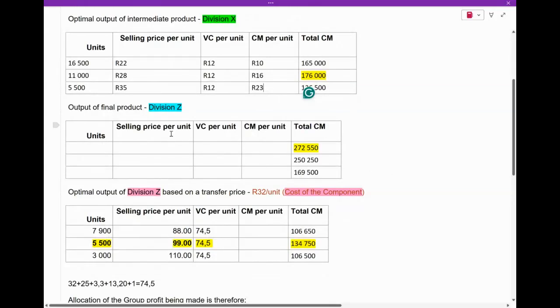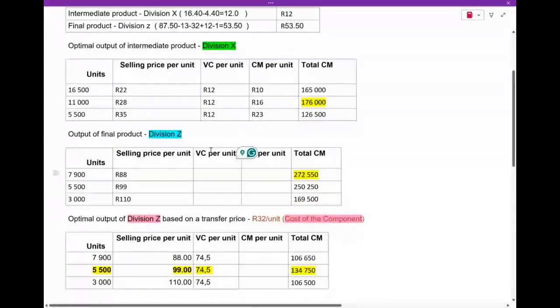So we then have to do the same thing for division Z. Okay, so again, 7,900. Yes, 88 Rand, we can do that now. Next one is 99. Last one is 110. Okay, thank you very much. And the variable cost here was 53.50.